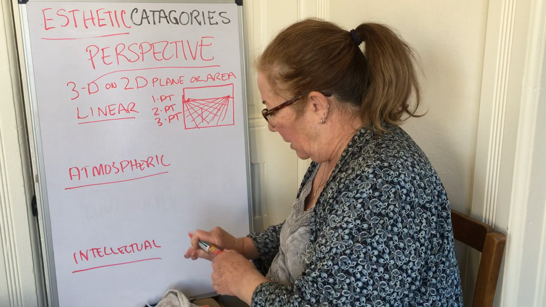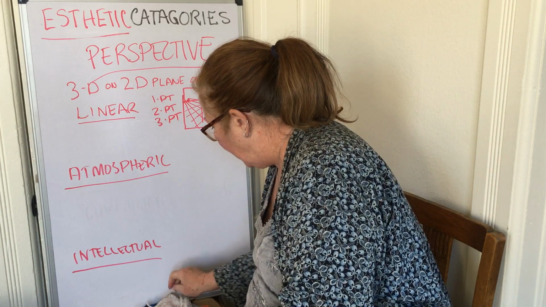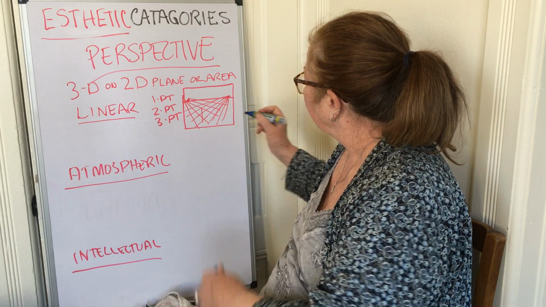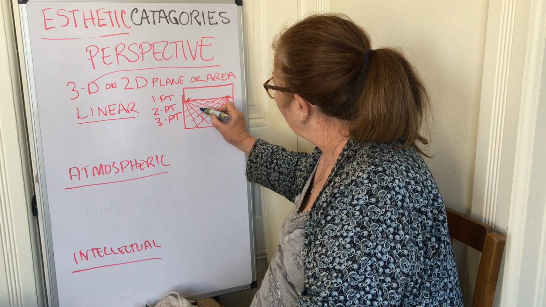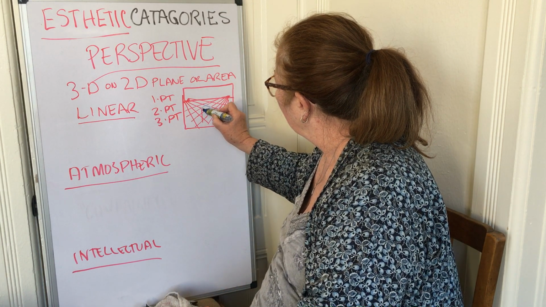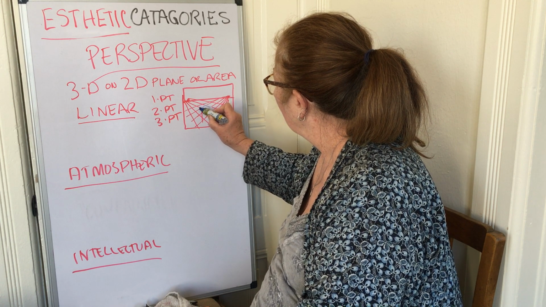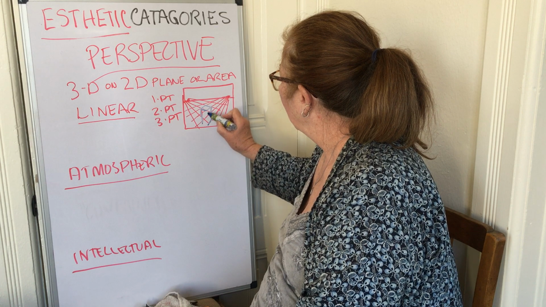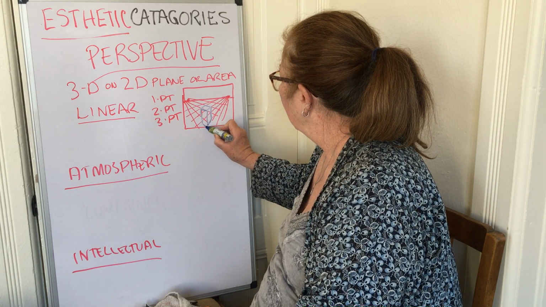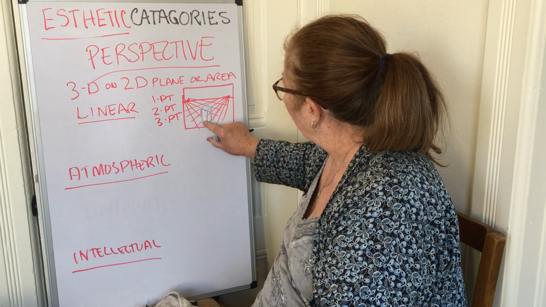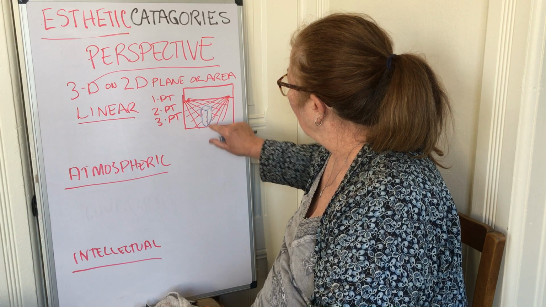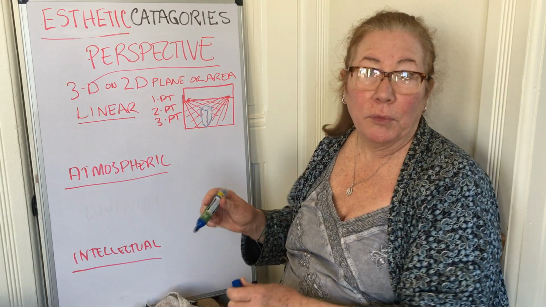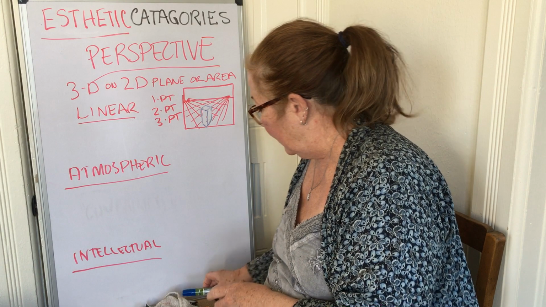Let me use a different color here so you can see what I'm doing. I would use these lines. There's the top, come down here, and then here's the bottom. Then I erase these other lines, and I've got what looks like a three-dimensional building or box.